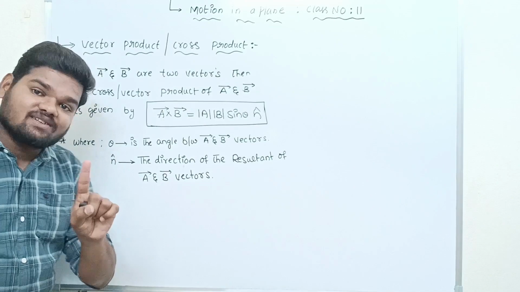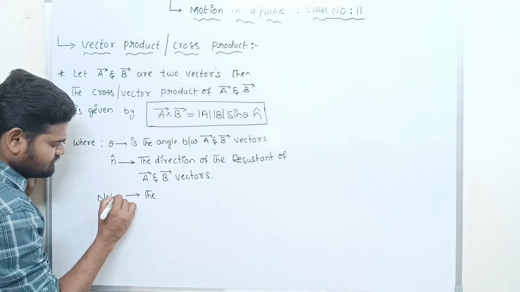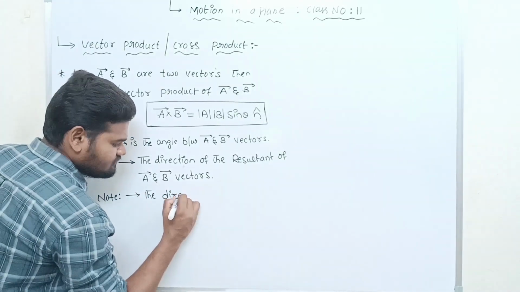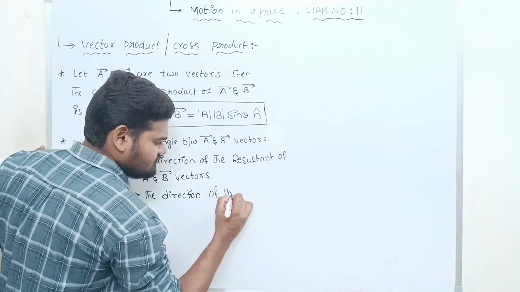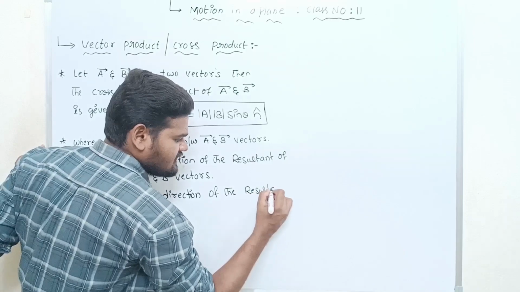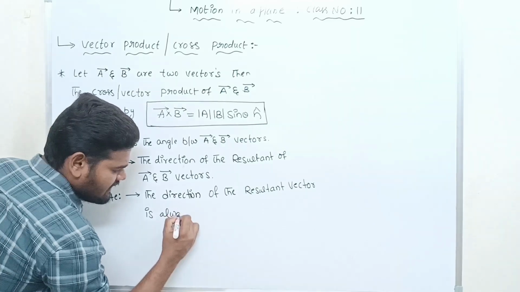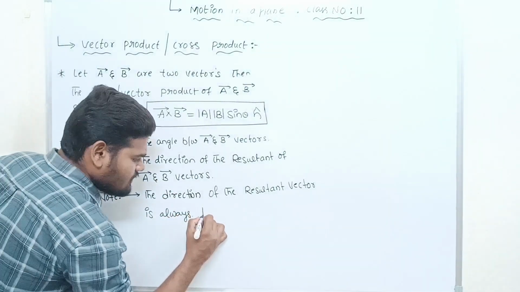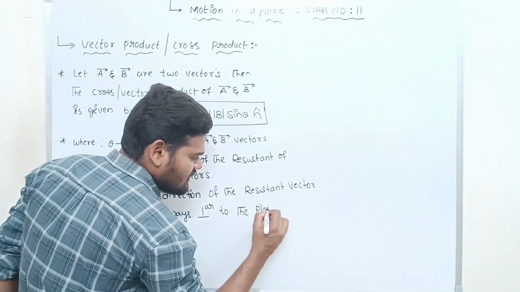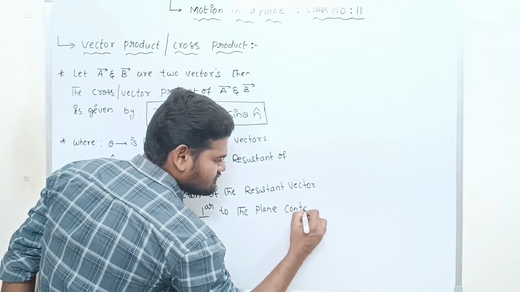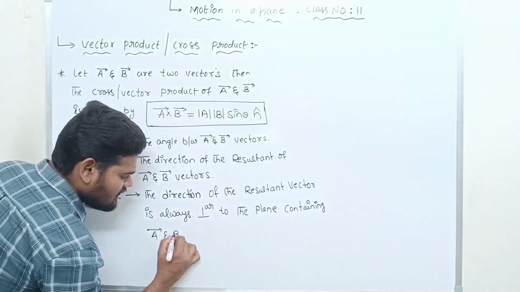Are you getting any doubts? Okay. Note, important: the direction of the resultant vector is always perpendicular to the plane containing a bar and b bar vectors.